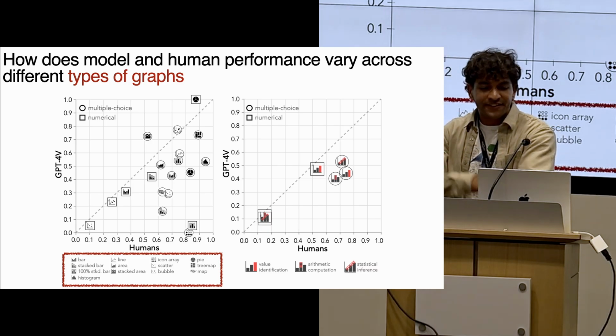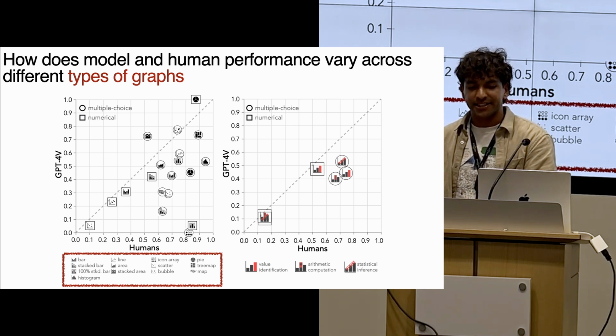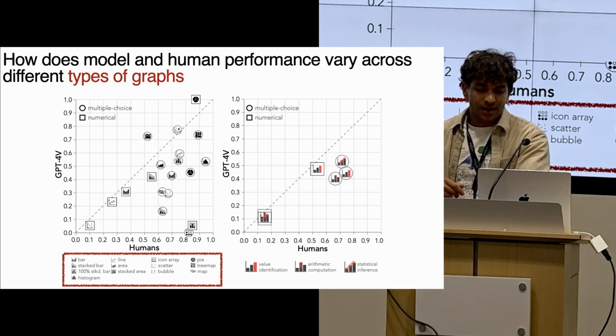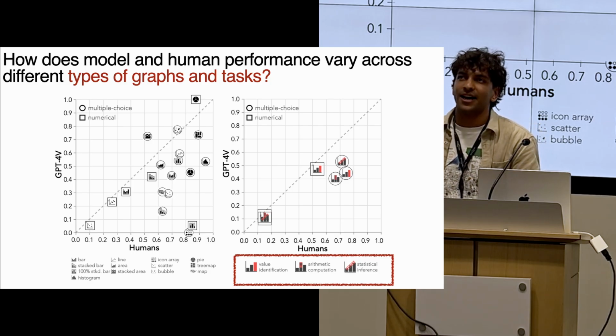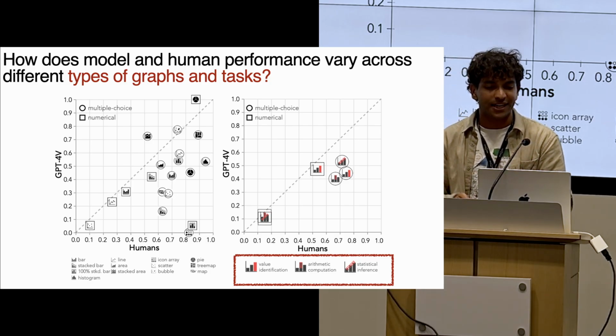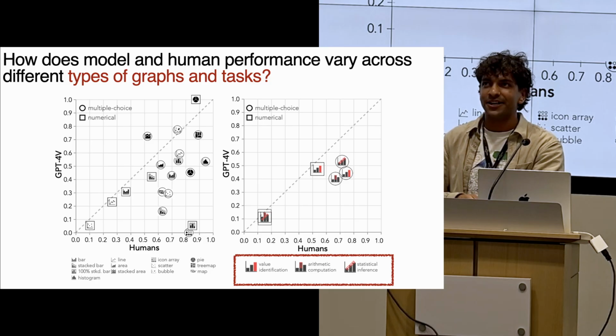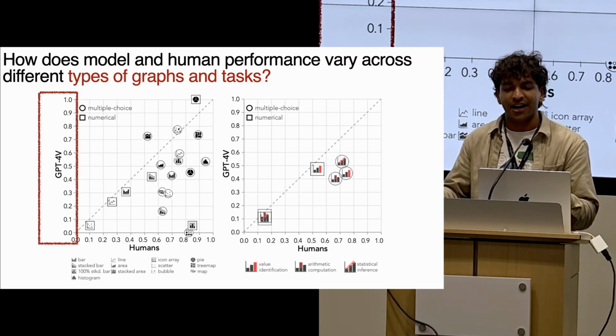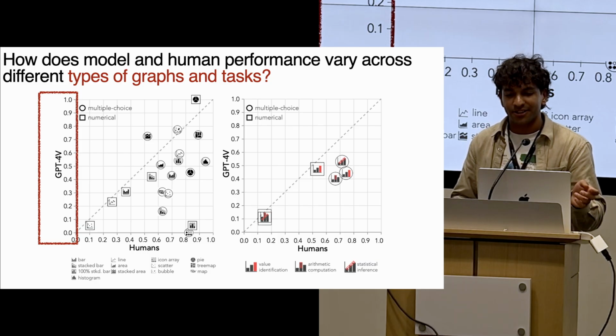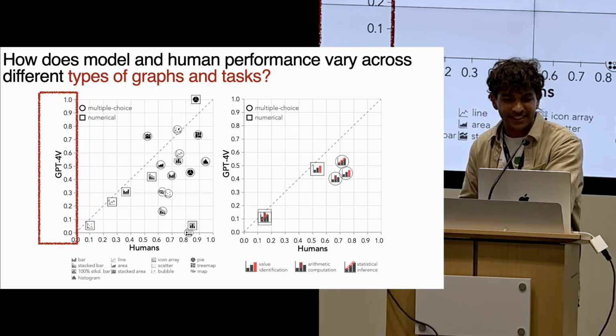categories. So first, we grouped all the items by the different types of graphs, like bar charts. And we also identified a common set of tasks to group the items by, like finding the value of a bar. And we compared human performance to that of the best performing model on average, so GPT-4V.